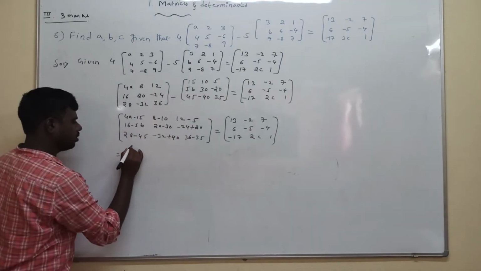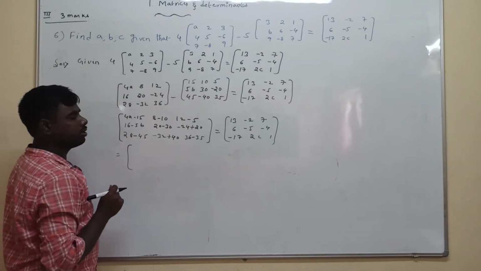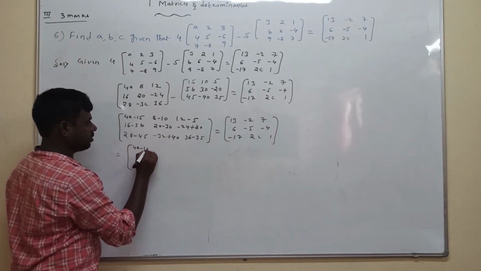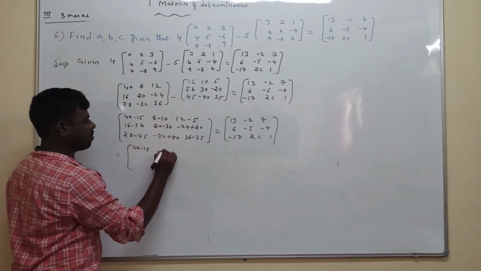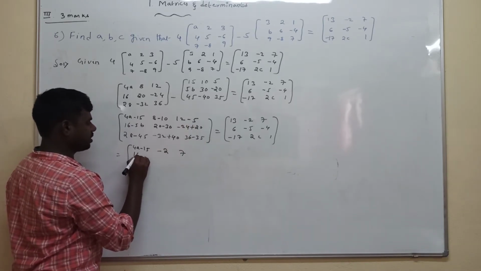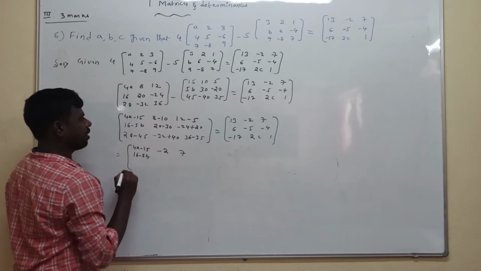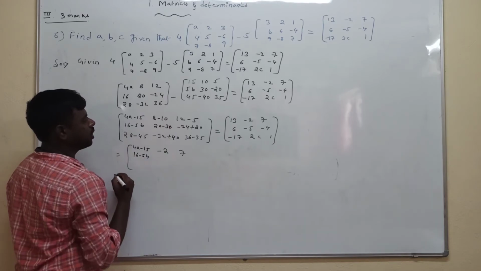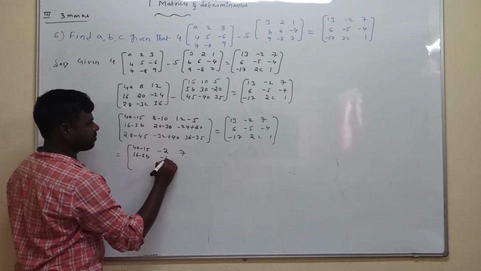So now simplify those elements. 4a minus 15 does not change. 8 minus 10 is minus 2. 12 minus 5 is 7. This one also does not change. 16 minus 5b. 20 minus 30 is minus 5.